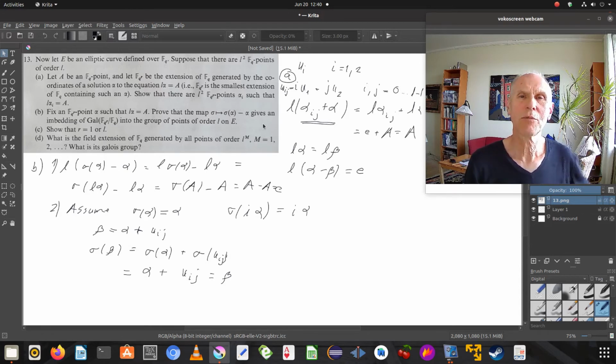I'll have to study what is the condition that the Galois group is transitive. I don't know what that is, and I need to find it out before I continue.